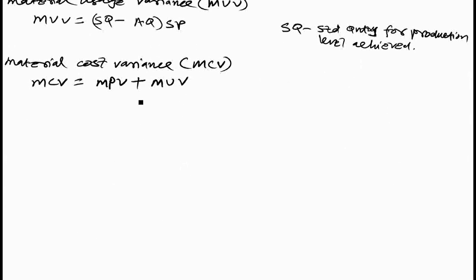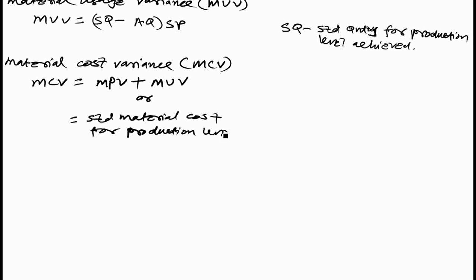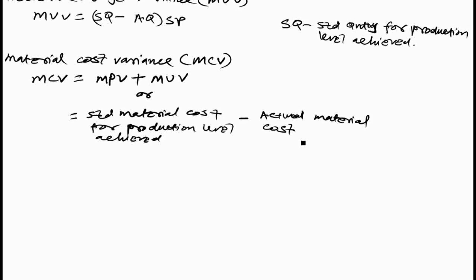Or you may also say it equals standard material cost for production level achieved minus actual material cost. Good. So you are through with the material variances.